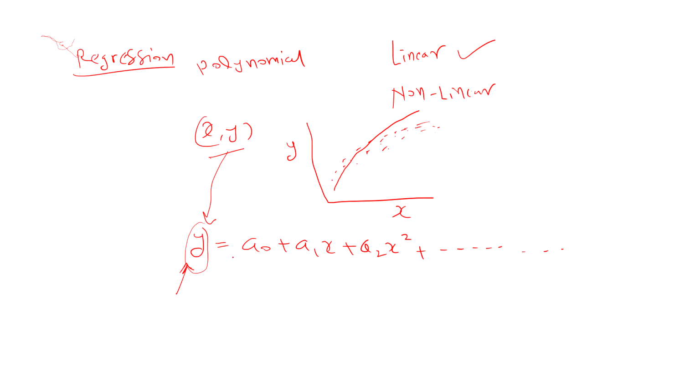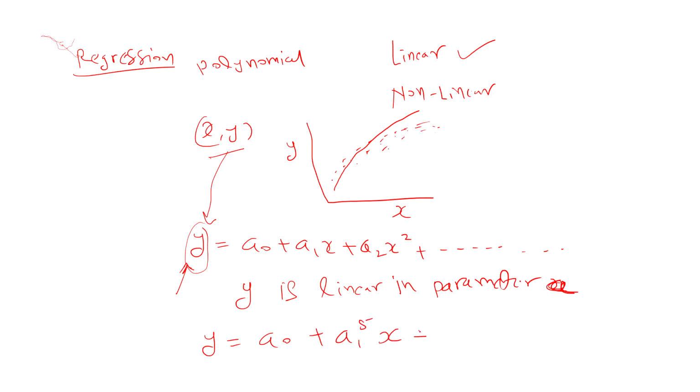Now why this is called linear regression is because y is linear in parameter a. Now if y would have been non-linear in parameter a, then we would have called it non-linear regression, such as y is equal to a0 plus a1 to the power of x plus a2 4x square plus so on and so forth.